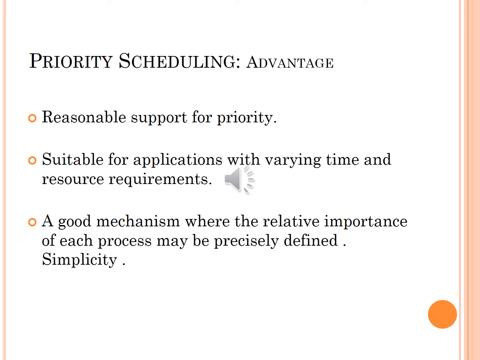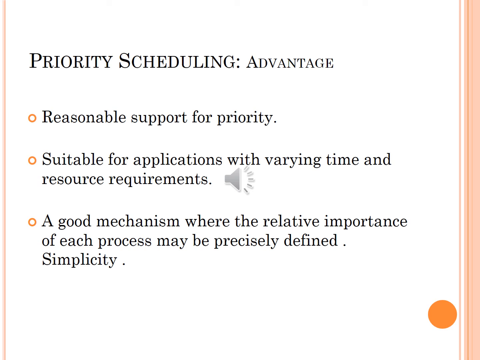Now in this section, we're going to go through the advantages of the priority scheduling algorithm. One advantage is reasonable support for priority, and that's why the algorithm is here, I think, to support priority. As we went through before, there are external factors and internal factors for priority, and we went through them in the past slides.